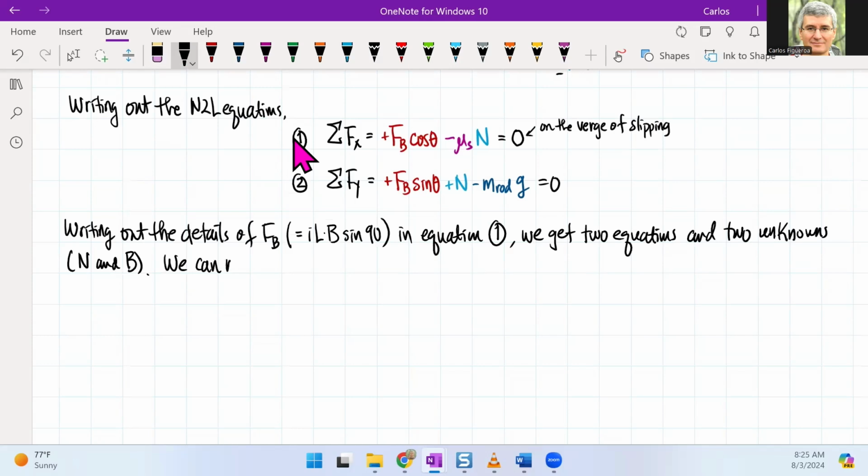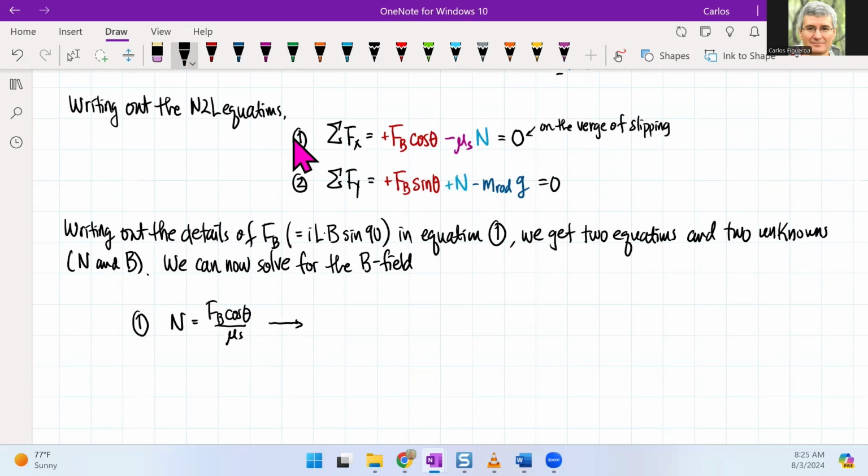We can now solve for the magnetic field. So I'm going to start with equation 1. If I look at equation 1, I'm going to isolate the normal. And that's going to give me F_B cosine of theta divided by the coefficient of friction.